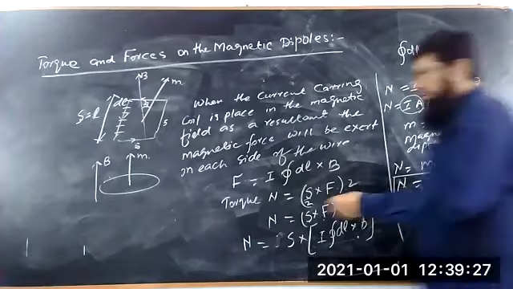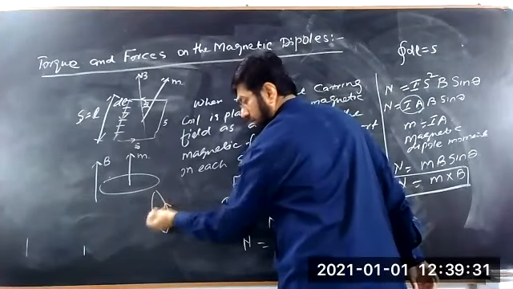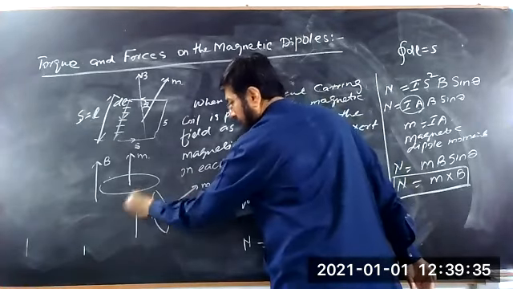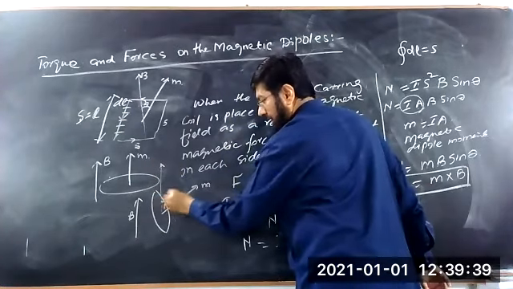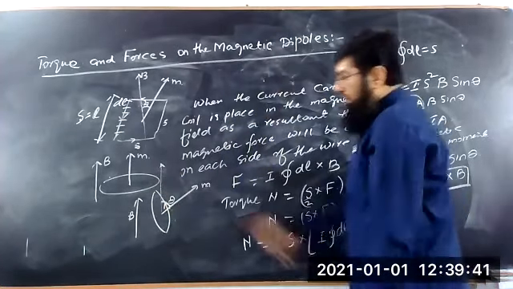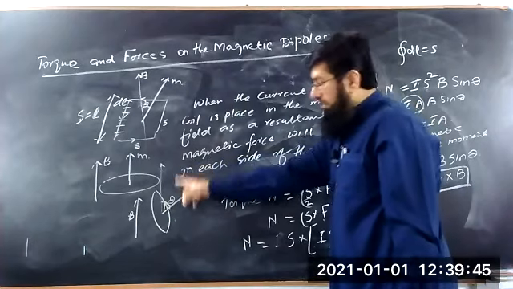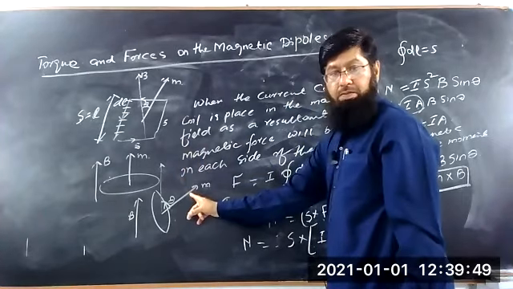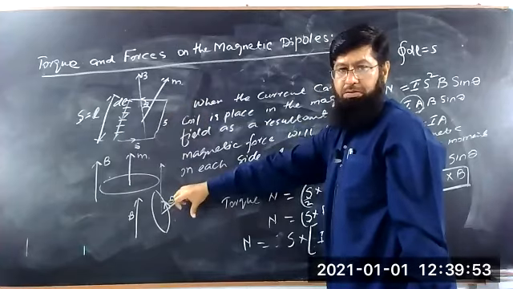In the same way, if this is the coil in which the current is flowing in this direction, its area vector is this, and the magnetic field is this, then there is an angle theta. Now it will turn, and there will be a torque. This torque will try to align the dipole in the direction of the magnetic field or opposite to it. If the material is paramagnetic, the magnetic dipole moment will align in the direction of the magnetic field.